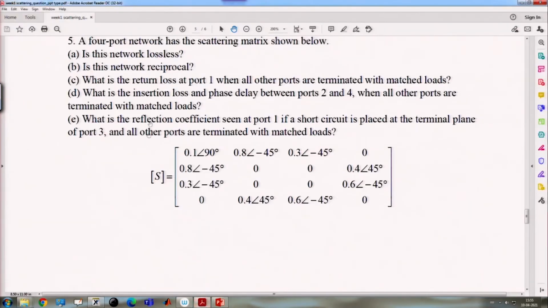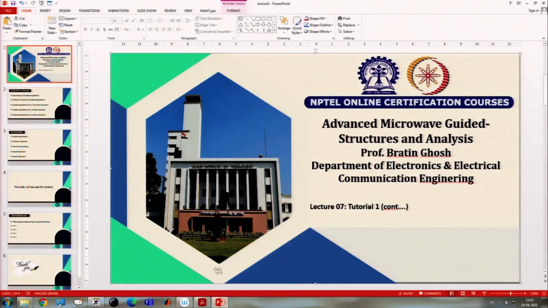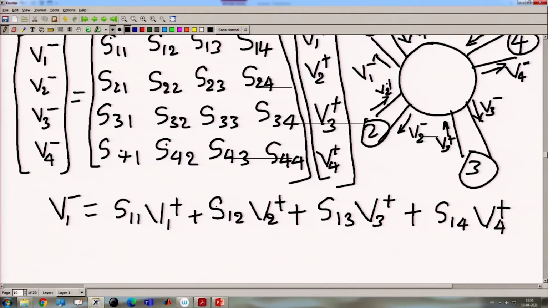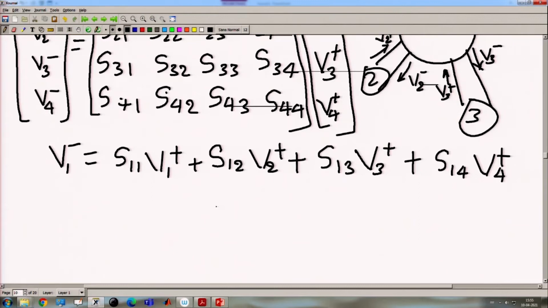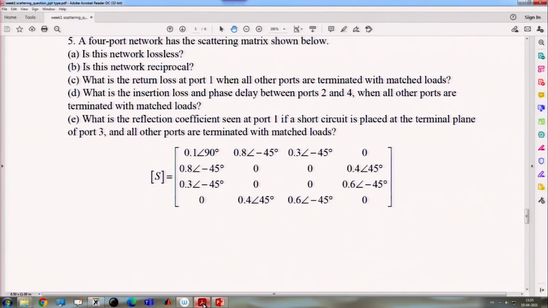In the question it is written, what is the return loss at port 1 when all other ports are terminated with match load. S11 means reflection at port 1, and reflection at port 1 means return loss at port 1. So, we have to find S11 first.